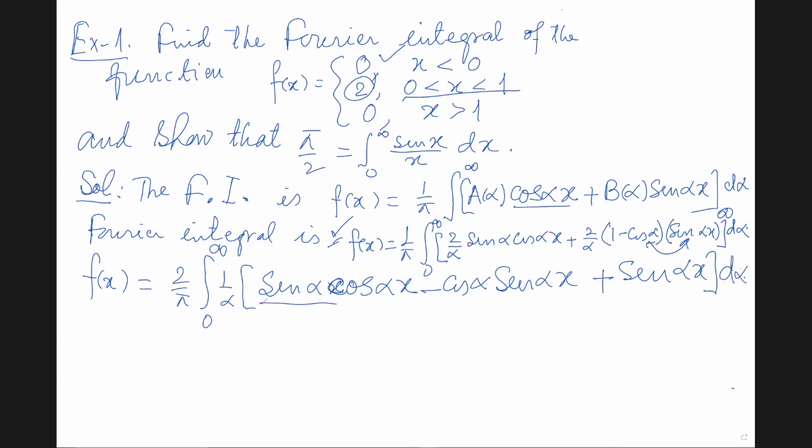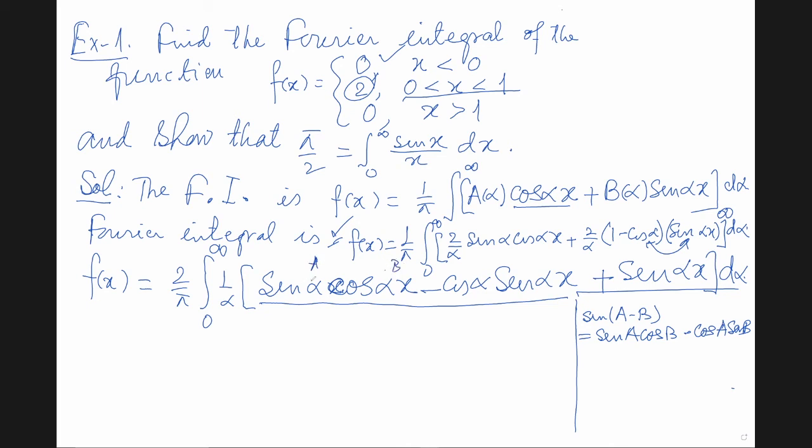Now this is interesting. I will be using this rule. What is the rule? Look. Sine A cosine B minus cosine A sine B, where this is A and this is B. So what is that?